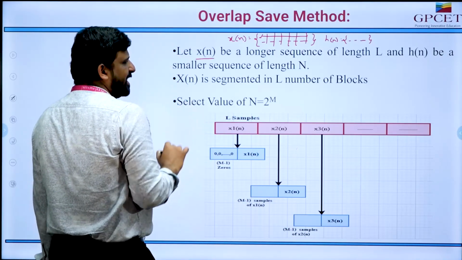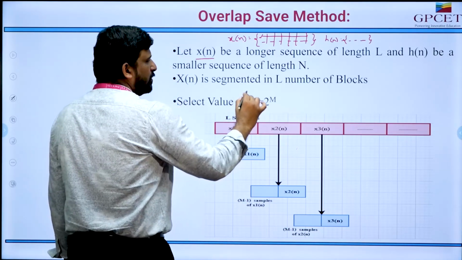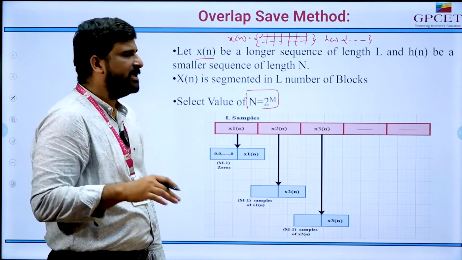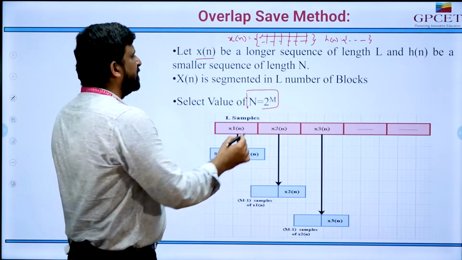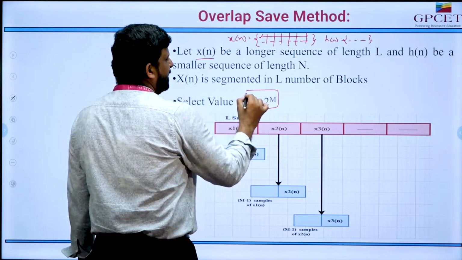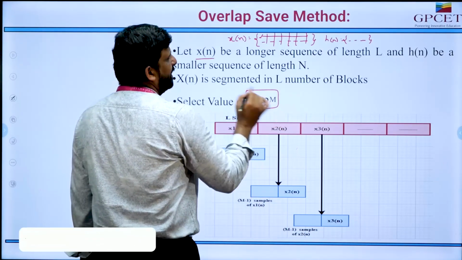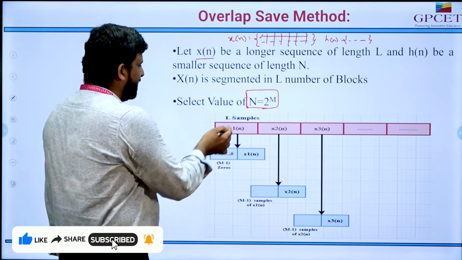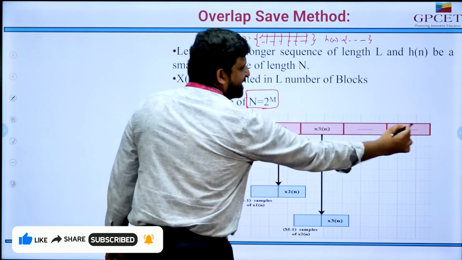For that we need to select the value capital N equal to 2 power m. If the N value is given, not a problem. If the N value is not given, we need to use this formula, capital N equal to 2 power m, where m is the length of the sequence x of n. Now you can see this is the lengthy sequence x of n.